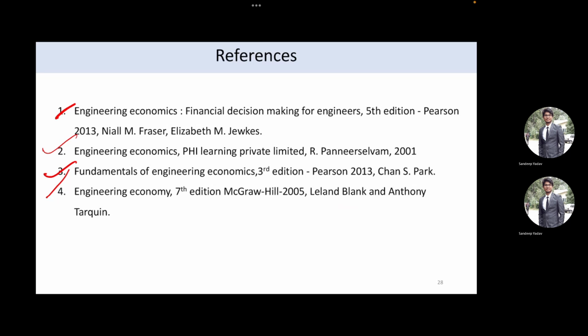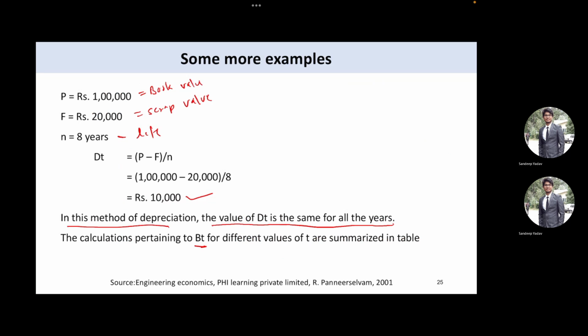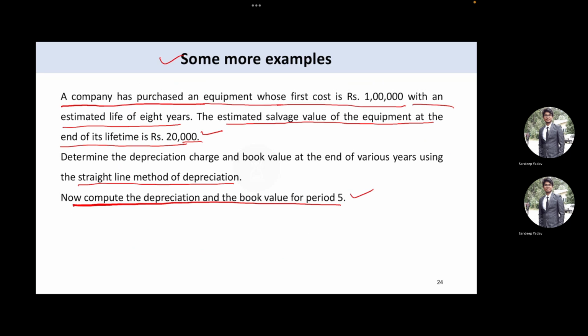In the next lecture, I will start with what cash flows are, how we can calculate the cash flows for each year, and how we can calculate the present worth and future worth.